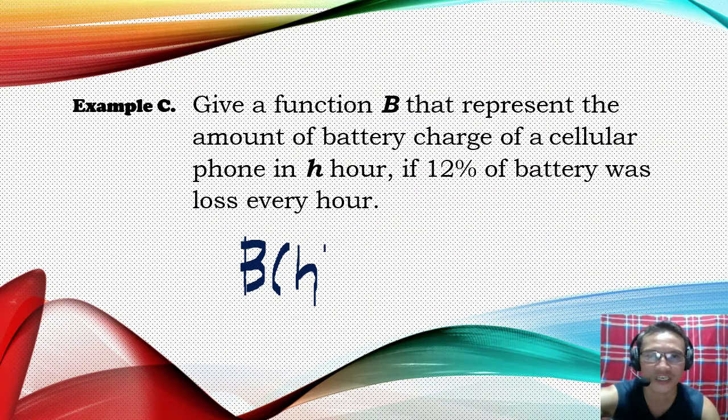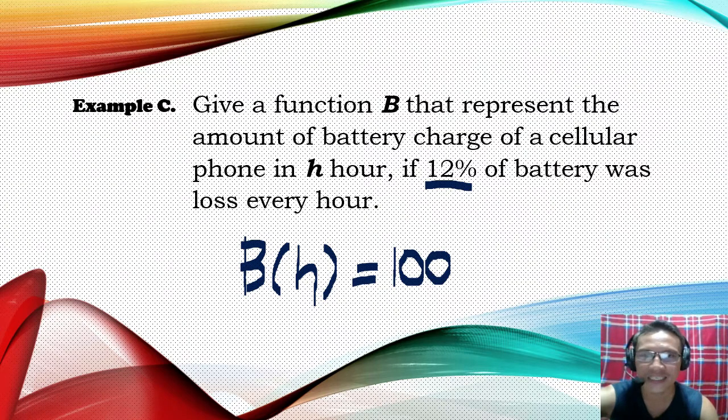So the battery charge at h, or an hour, is equal to, according to the problem, 12% of the battery was lost every hour. So when the battery is full, then the battery has a charge of 100% or 100.